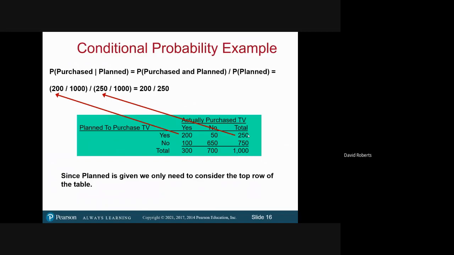They understand that a certain percentage of those people might fully intend to, but something comes up where they change their mind. They're going to wait till next year's model comes out, or they get laid off of work, or whatever the case may be. So out of the 250 who said yes, only 200 of them carried forward.